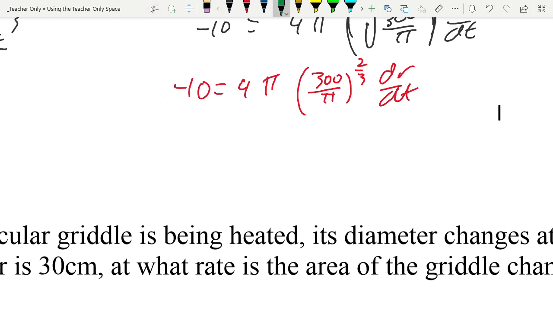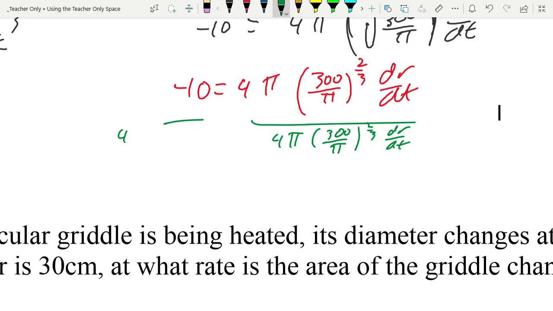All right, so we're going to go ahead and just divide by 4 pi times 300 over pi to the 2/3 dr/dt, which is equal to negative. Oh, sorry, divide by. Whatever I do to one side, I do to the other, right? So same thing over here. 4 pi times 300 over pi raised to the 2/3.